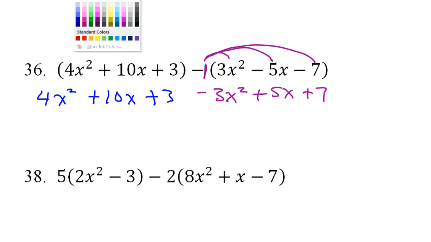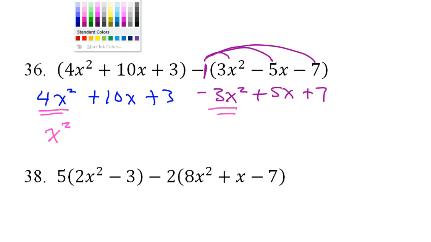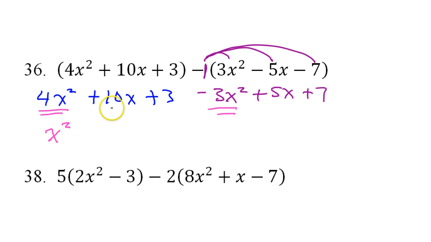After that, combine like terms. So I've got 4x squared and negative 3x squared. 4 minus 3 is 1, so 1x squared, or just x squared. Similarly, we've got the x term.